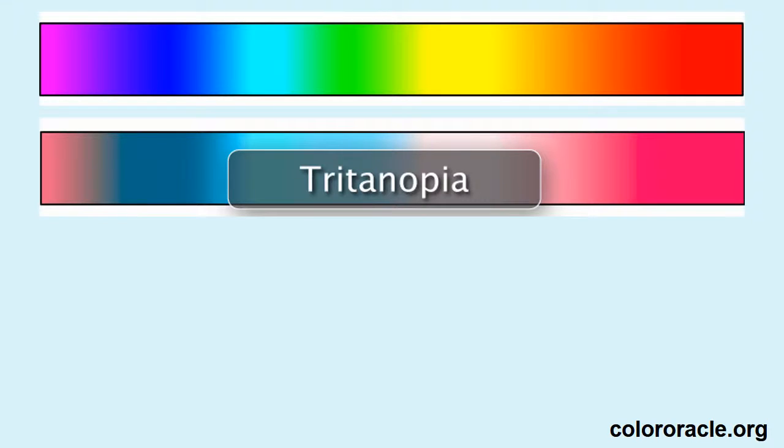So this is a Color Oracle simulation of what they possibly might be seeing. Again, the top view is normal view, the bottom view is tritanopia. And again, you can see blues and greens are an issue, so it's a problem. Again, rare, and I'll come back to aging in just a second.